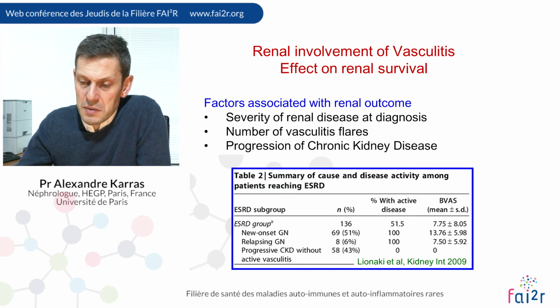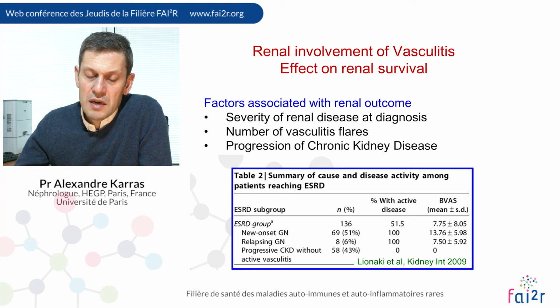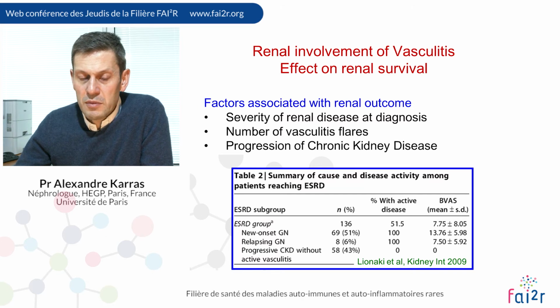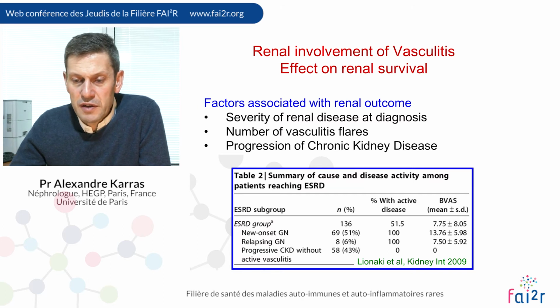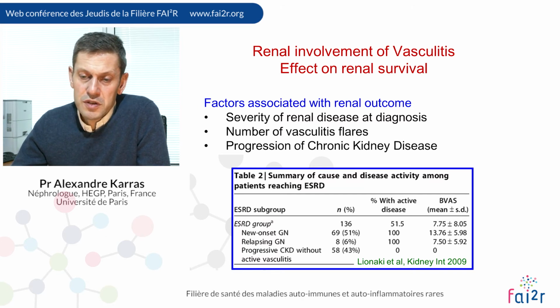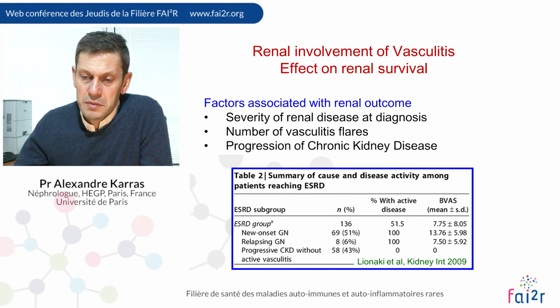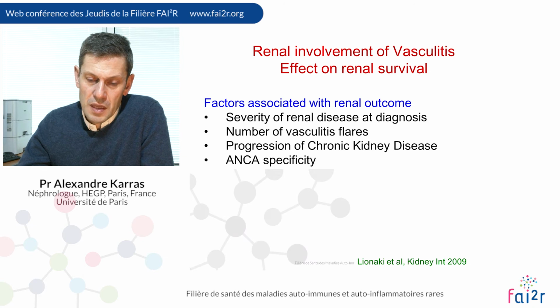This means that we have to be careful in these patients, not only for immunosuppression but also for other nephroprotective measures, such as good control of hypertension, of diabetes, of nephrotoxic drugs on the long term.